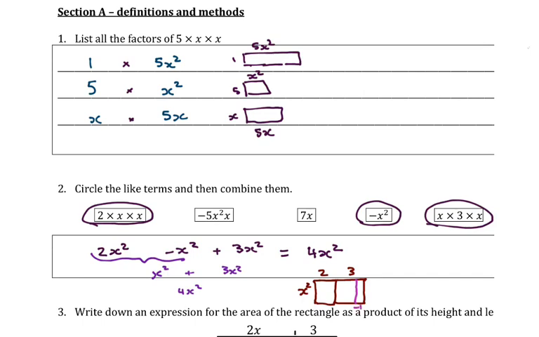So what is the total area of this rectangle now? Well, before we did the subtraction, it was 5x squared. Then we subtracted the 1x squared to give us overall 4 lots of x squared. So the area of this green shaded region is 4x squared.